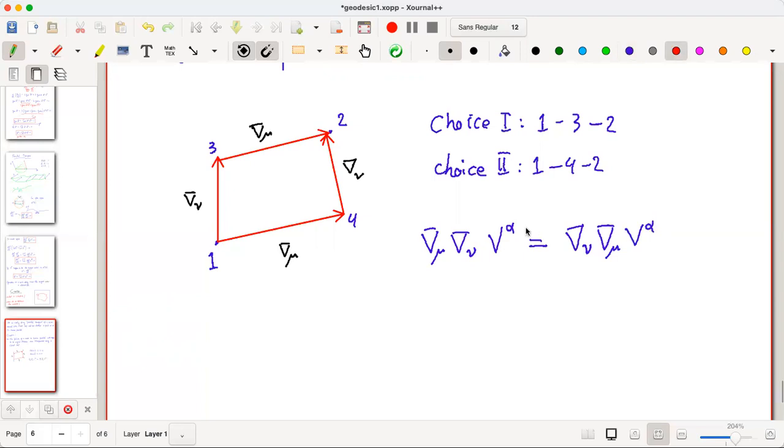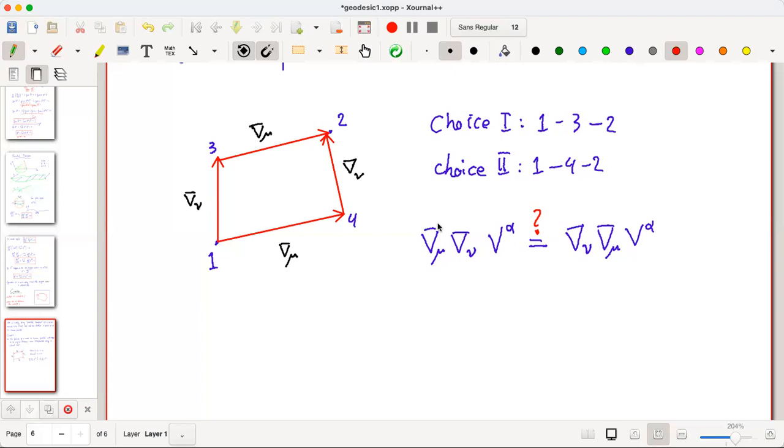Is this the same? If this is the same, then the choice of path is commutative. So it doesn't matter which way you pick when you go from 1 to 2. Your vector will still be parallel if this is an equation. If not, then the state of your vector at 2 will depend on the choice of path you make, right? And that's what we want to prove.